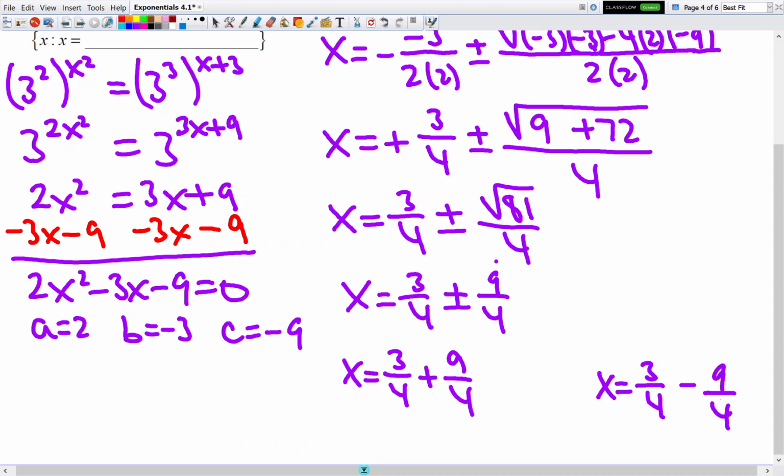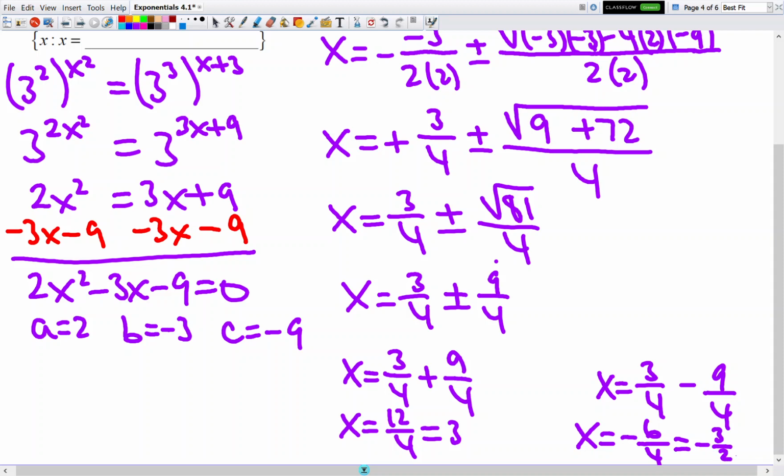That's your plus and minus 9/4. This side is x equals 12 over 4, which is 3. And the right side is x equals -6 over 4, and simplifying that fraction gives -3 over 2.